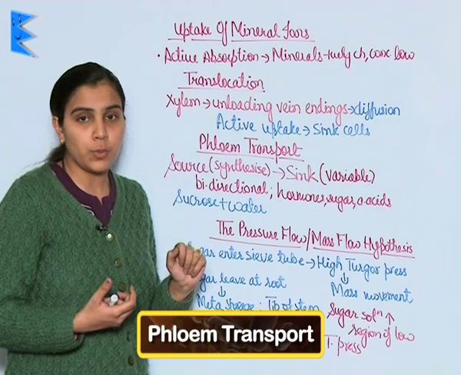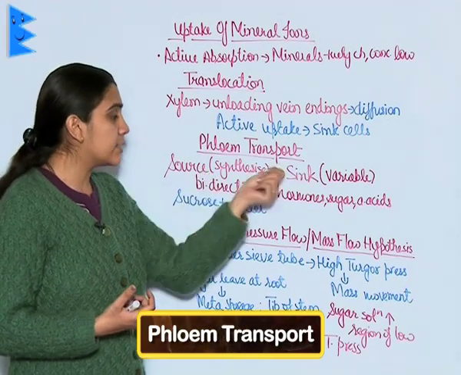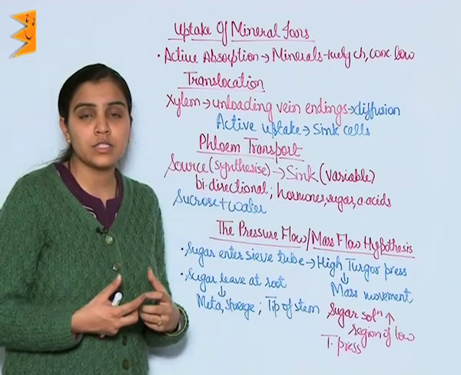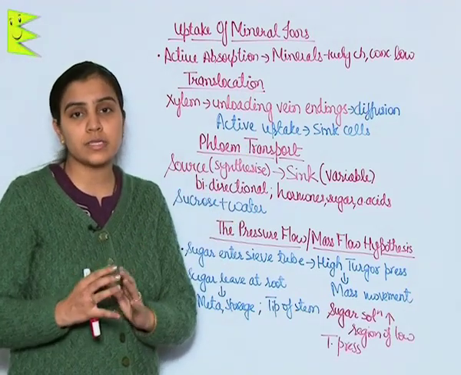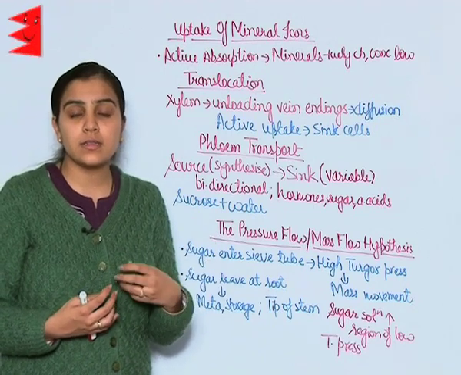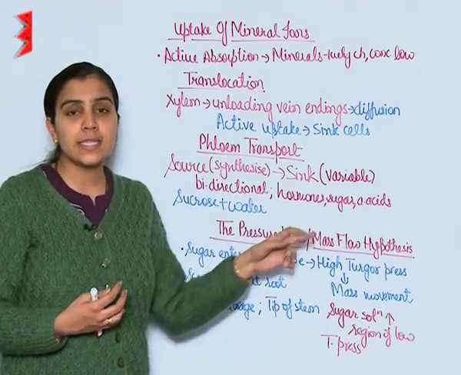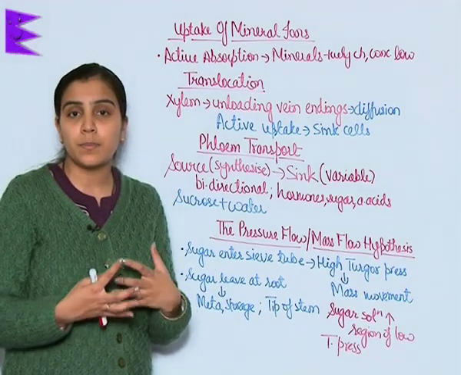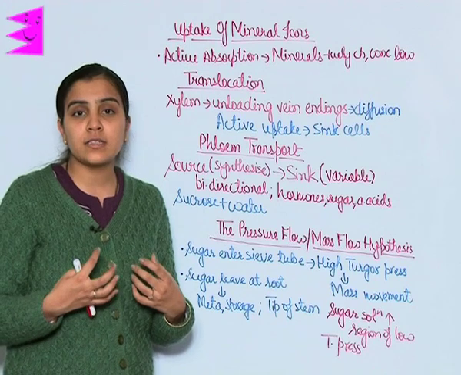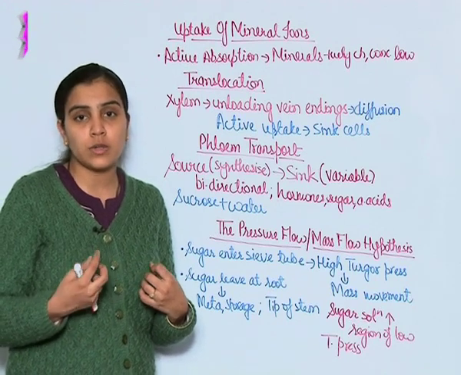Phloem transport. It is seen that in phloem, transport occurs from the source to the sink. Source is that unit which synthesizes the food, and sink is those parts of the plant which need that food, as well as the storage unit of foods of a plant.